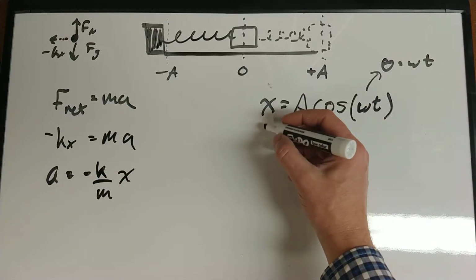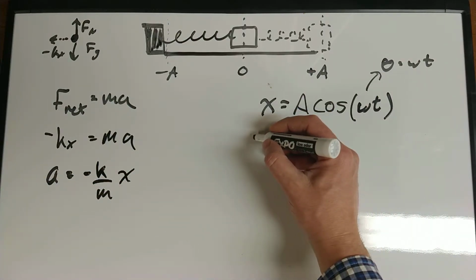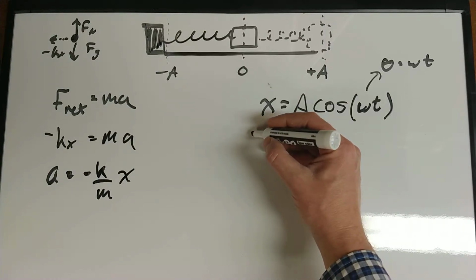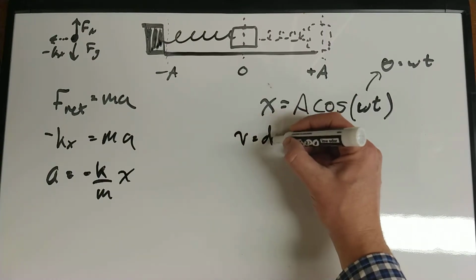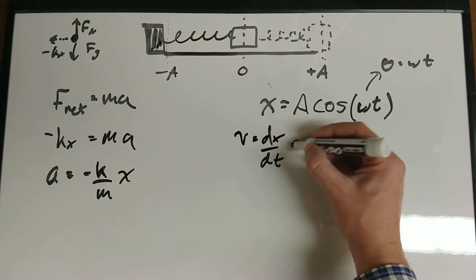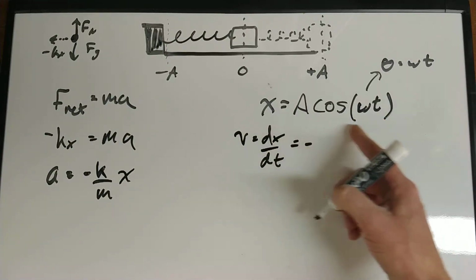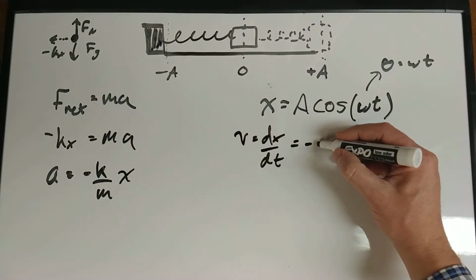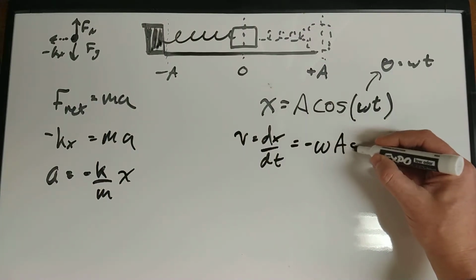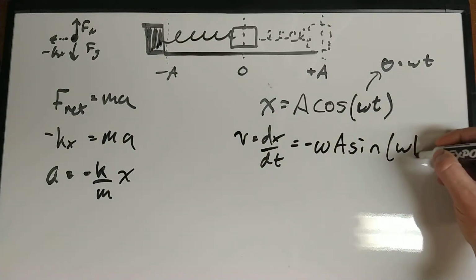So now we take 2 derivatives over here. First of all, velocity equals dx dt. So we get negative omega A sine omega t.